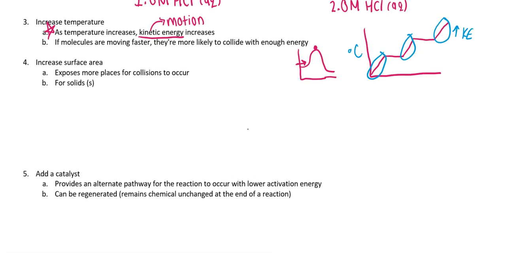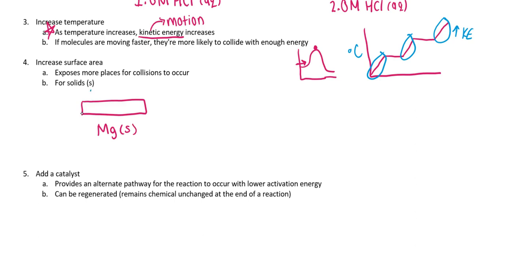Factor 4, increase the surface area. If we were to increase the surface area, it exposes more places for collisions to occur. This is for solids only. So let's say I had a whole strip of magnesium ribbon.